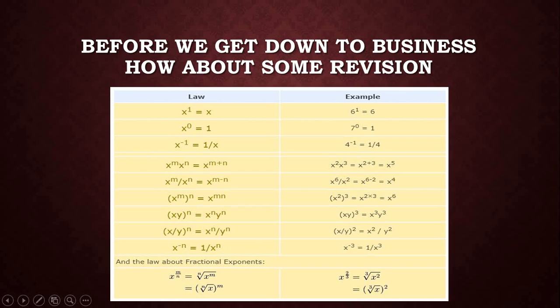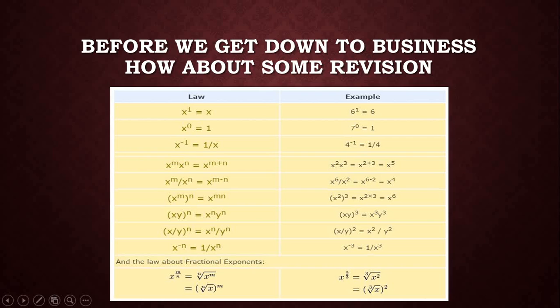And then we have x to the power of m over x to the power of n. Whenever you divide two things that have got the same base but different exponents, what you do is you subtract the exponents.